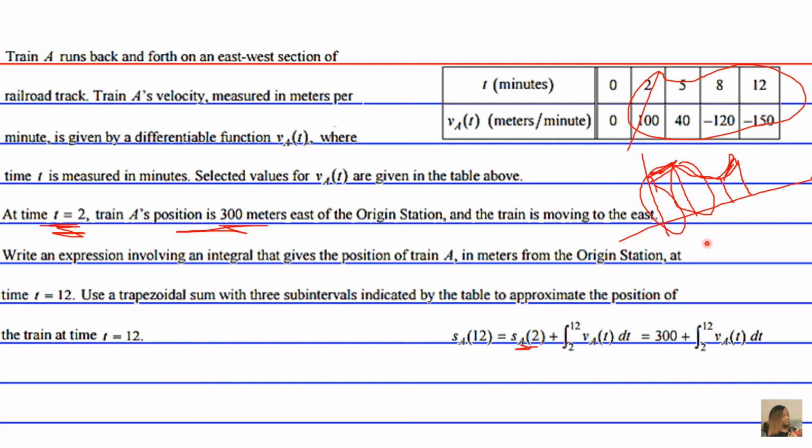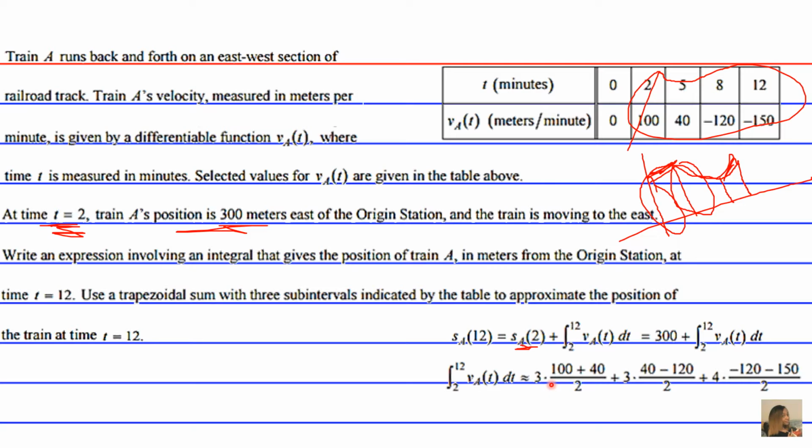So this is where we start to use our trapezoidal sum with 3 subintervals. And just for those of you who don't know, when you have 3 subintervals and you're using the trapezoid approximation, the first interval is multiplied by 3. The second interval is multiplied by 3, but the last and final interval is multiplied by 4, okay?